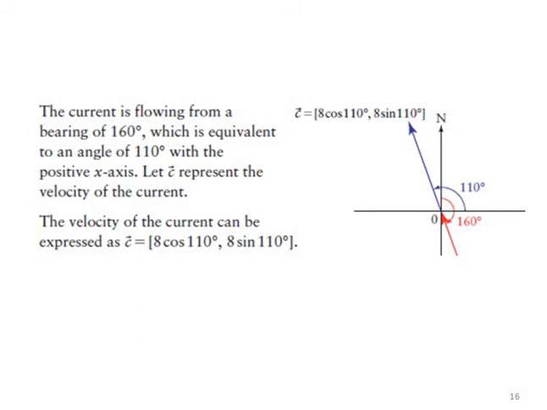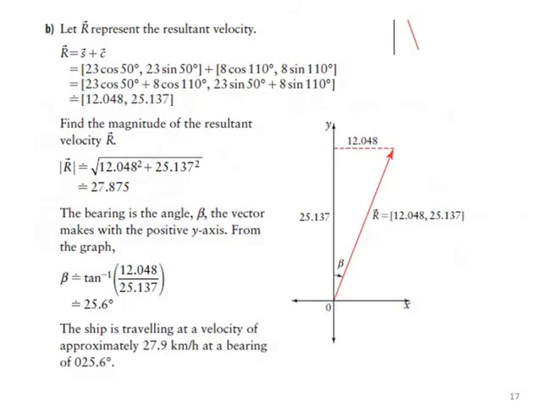So we can define vector C as 8 times cosine 110, and the y component is going to be 8 times sine 110 degrees. So let's say R represents the resultant velocity, which is S plus C. S is 23 cosine 50, 23 sine 50, plus 8 cosine 110, 8 sine 110.